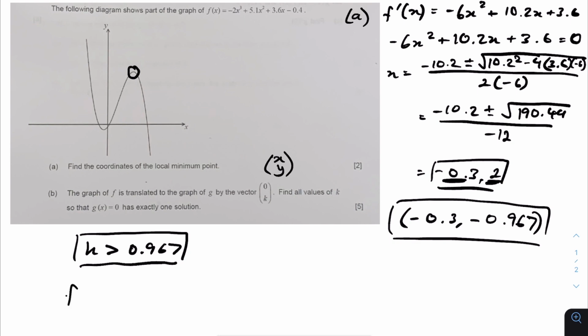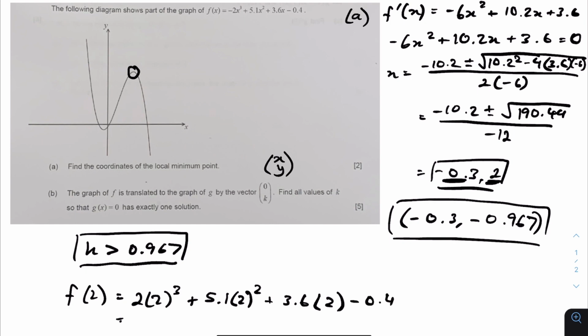So when we find f of 2, which is the corresponding y-coordinate, we get negative 2 times 2 cubed plus 5.1 times 2 squared plus 3.6 times 2 minus 0.4, which is equal to negative 16 plus 5.1 times 4 plus 7.2 minus 0.4, which is equal to 11.2.